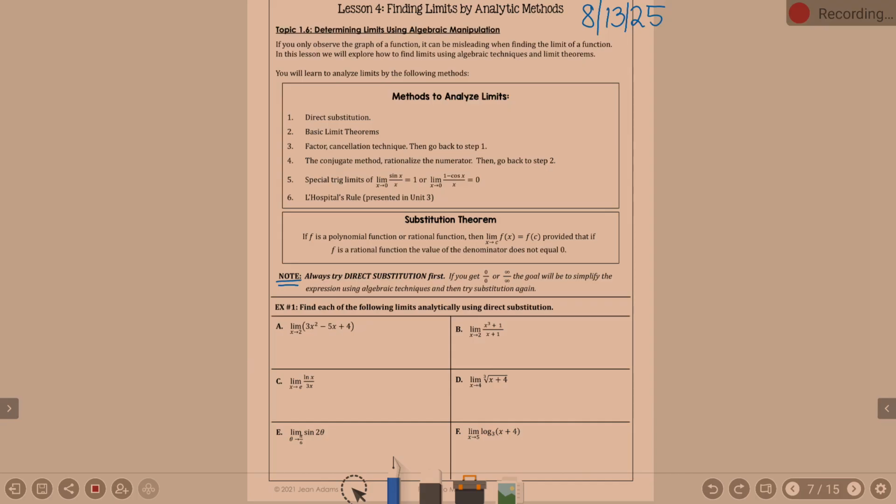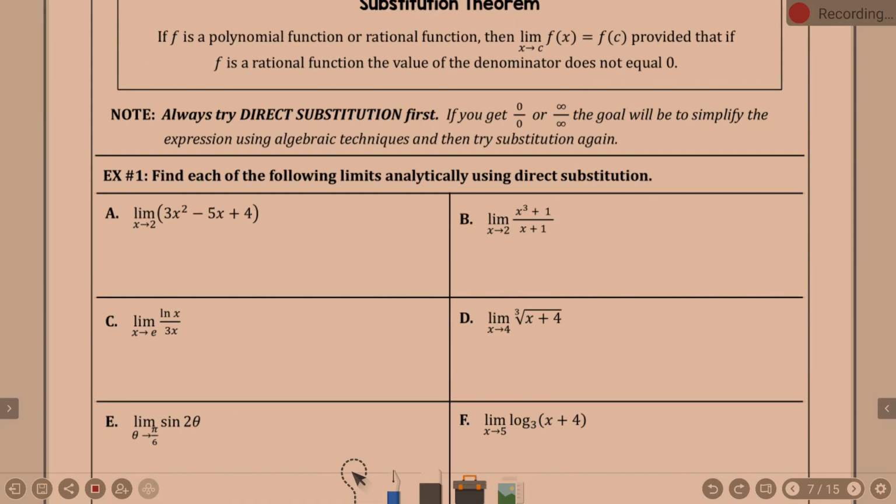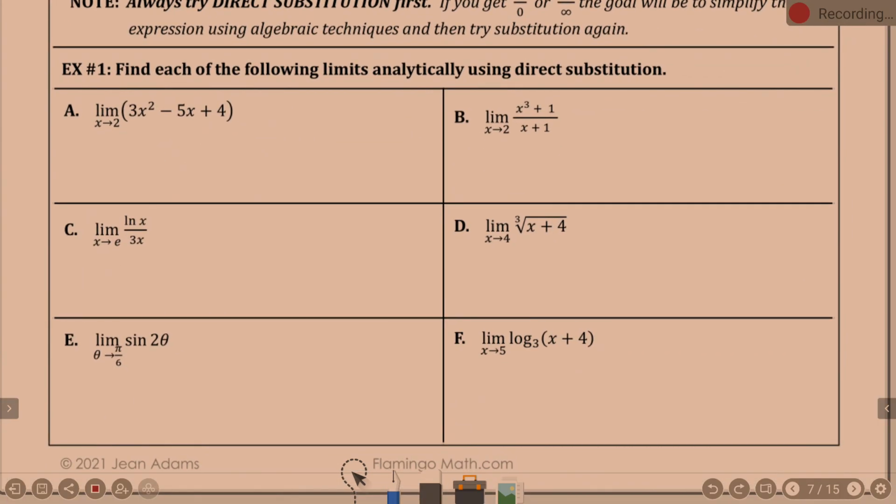The goal will be to simplify the expression using some type of algebraic technique and then try substitution again. That's a big piece of what we're going to work on here at the beginning. Now, I was short on screen space today, so I'm going to enlarge this a little bit, and we're going to work here.